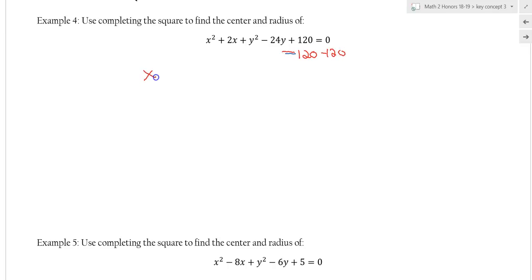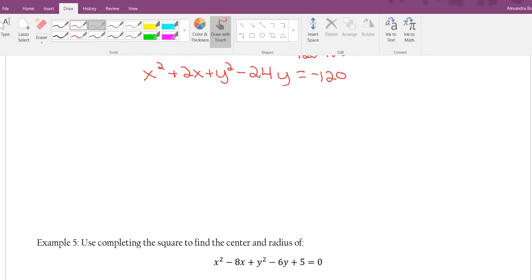So I have x squared plus 2x equals negative 120. Okay. Group your x's and your y's.